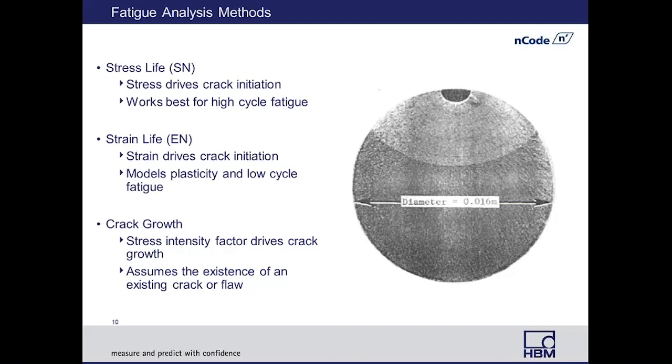And what it will do is come up with a stress intensity factor, and that's going to be used to drive cracks. And obviously, we're going to assume the existence of a crack or a flaw that we would specify the size of. And while we're on this slide, we might as well go ahead and take a look at the image on the right.